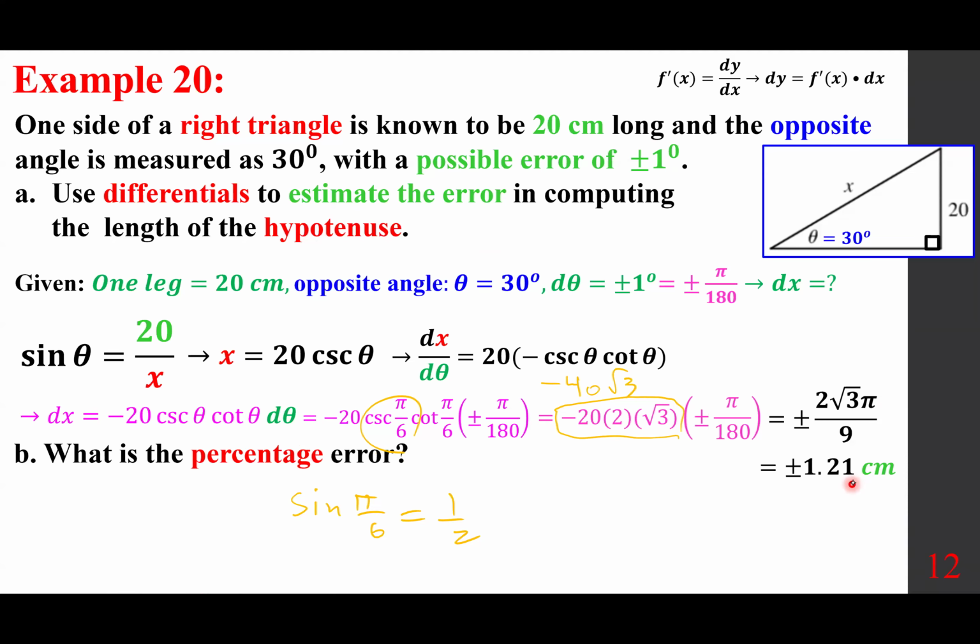What is the percentage error? Let me again erase my work. When we look at the relative error or percent error, that means the ratio between, in this case, dx and x.